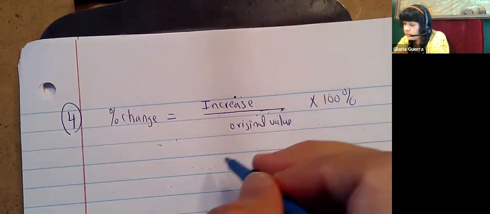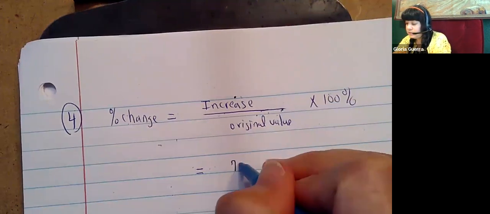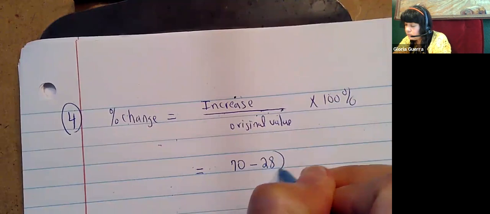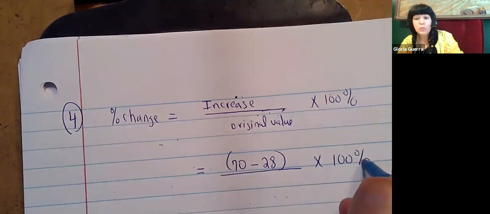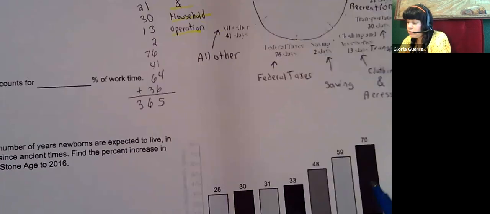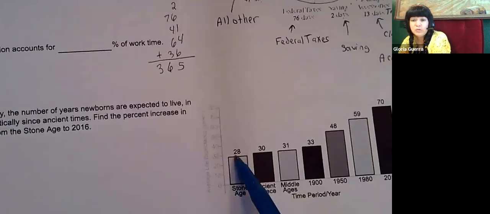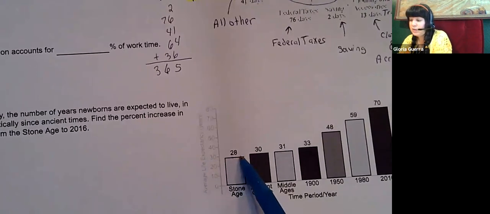And so for us, the increase, we're subtracting that 70 minus that 28 times 100%. And then the original value is what it was when it first started, before I did the change. So the original value would be the Stone Age. What was it before the change, which was 28.